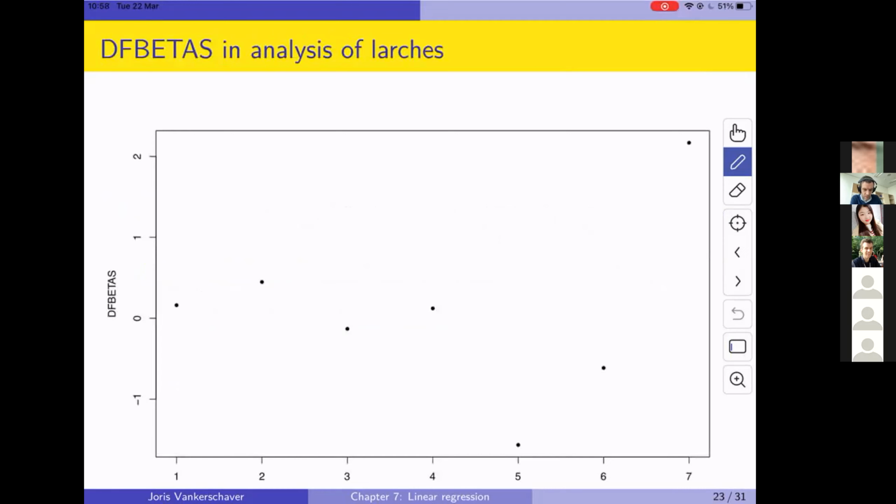And here we can again do that. So here what we look at is a plot now of our df beta for observation 1. So this is important.